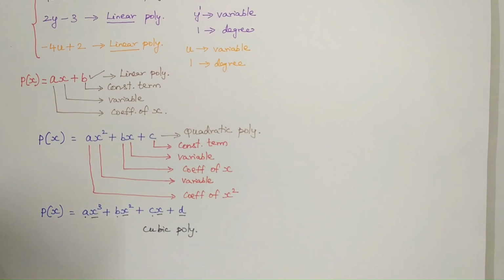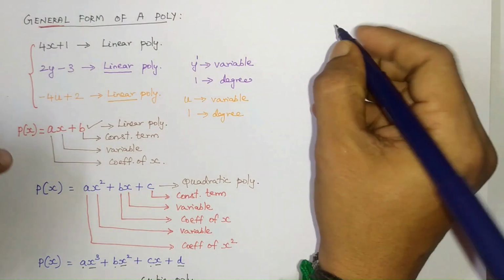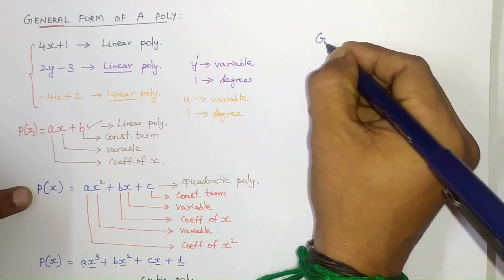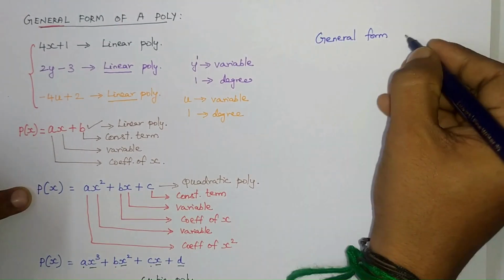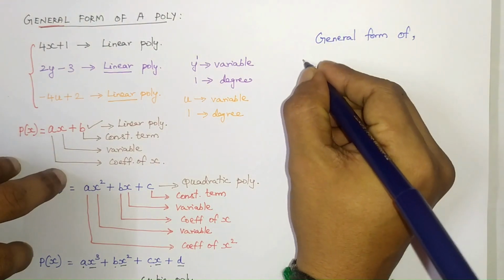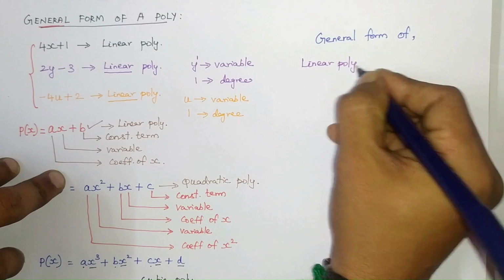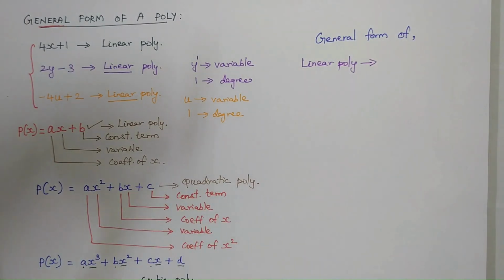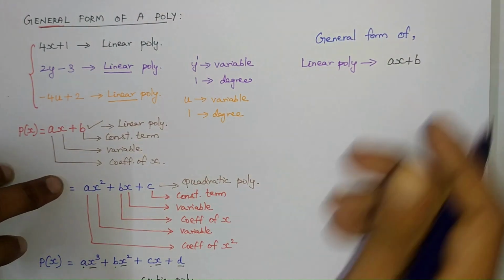Okay, fine. So let us summarize the general form. The general form of a linear polynomial is ax plus b.